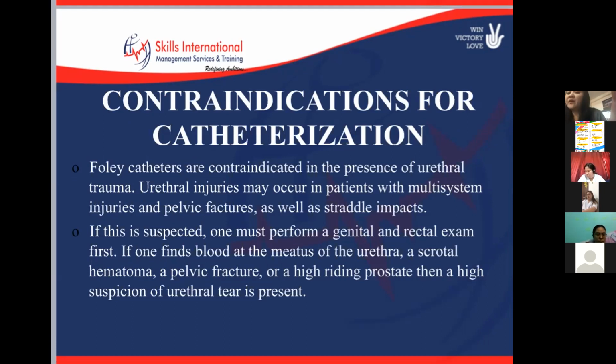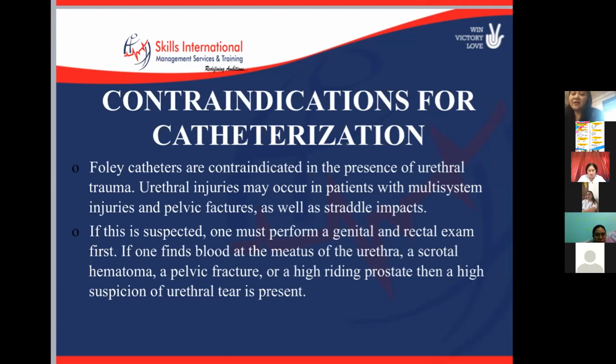One must perform a genital and rectal examination first. If one finds blood at the meatus of the urethra, or scrotal hematoma, or pelvic fracture, or a high-riding prostate, then there is a high suspicion of urethral tear.